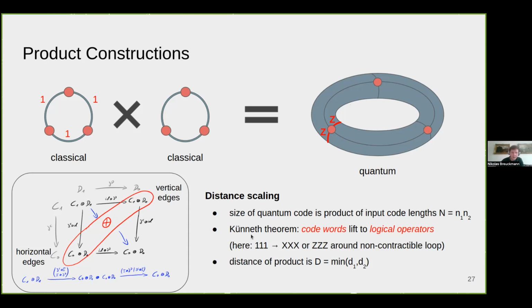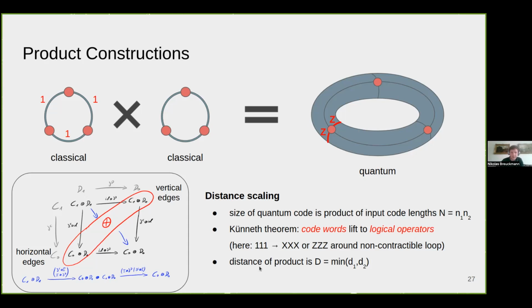There's something called the Künneth theorem, which relates the homology of the input factors to the homology of the output. What this means in coding terms is that code words of the classical input codes lift to logical operators of the quantum code. In particular, if we take this 111 code word here, this lifts to an essential cycle around the torus.